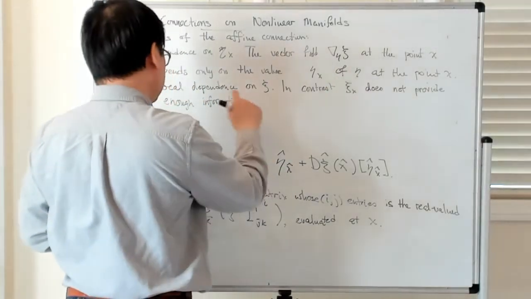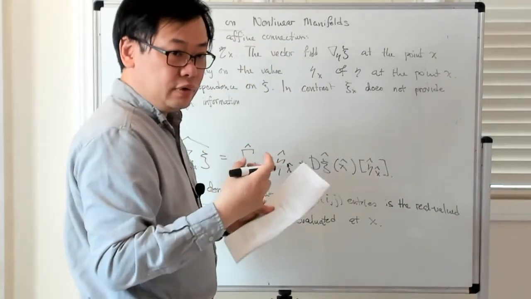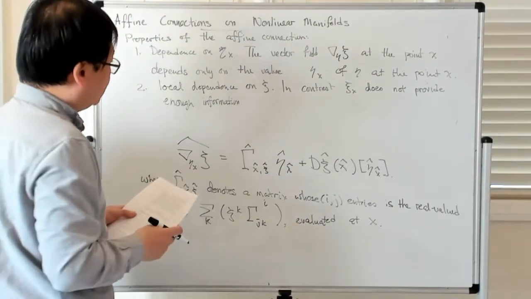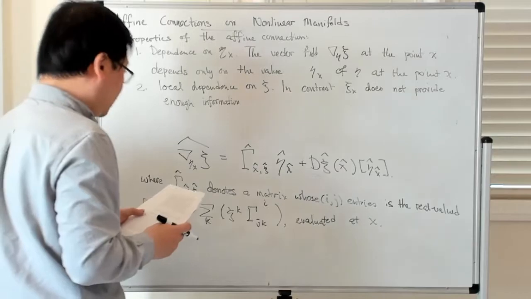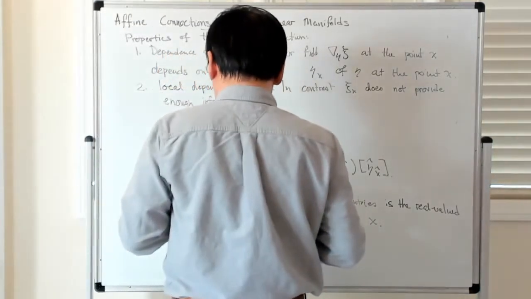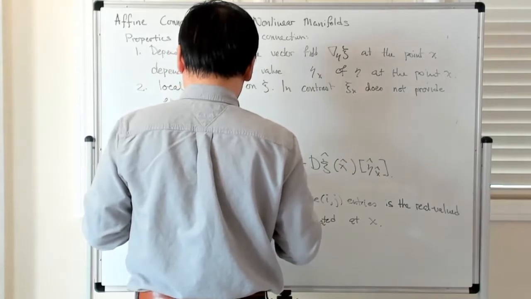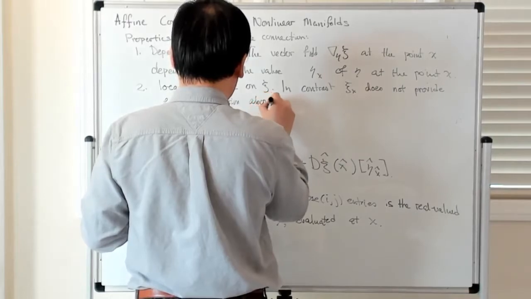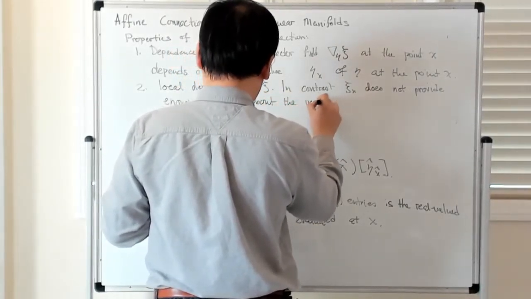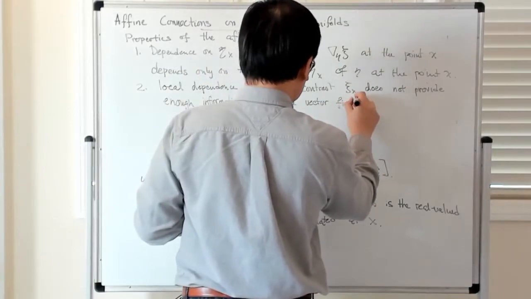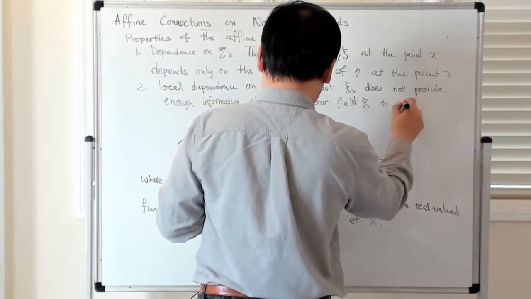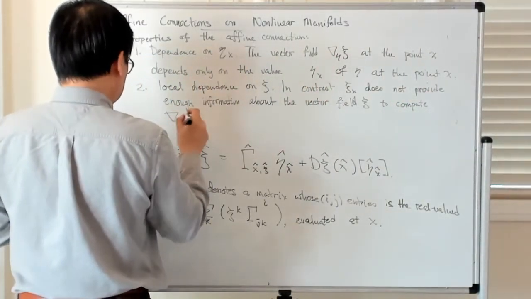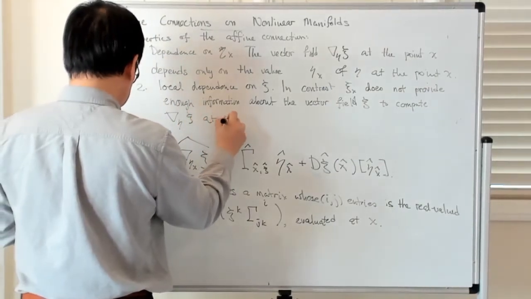So again, these two observations are consistent with the properties which we prescribe for the affine connection. The pointwise value of c does not provide enough information about the vector field c to compute nabla eta c at x.